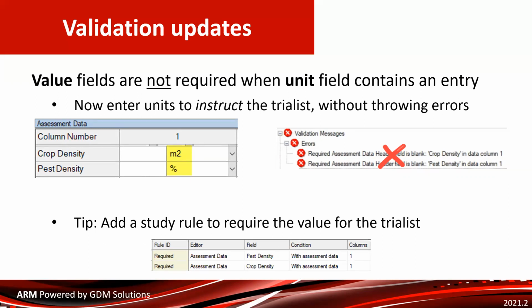So again, just another tool in the toolbox, hopefully, for protocol writers to fill in the protocol with instructions, without having consequences and issues down the road within the trial.